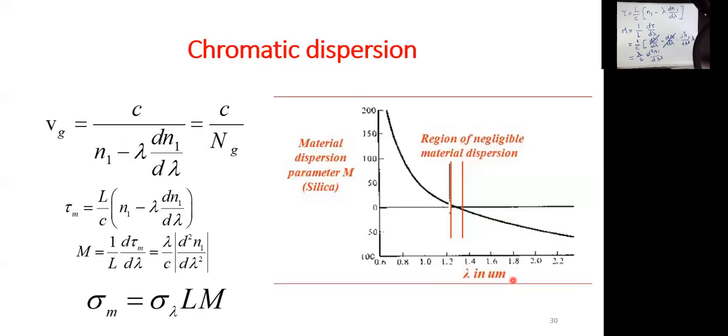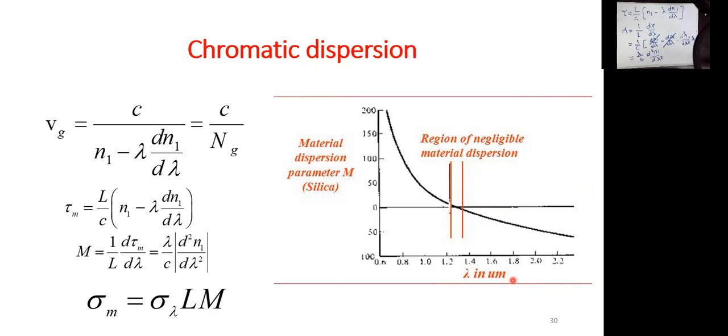Now, we finished the first type of dispersion effect, which is chromatic dispersion. I mean, this dispersion is due to different frequency components of the source. But is chromatic dispersion the only source of dispersion in optical fiber?